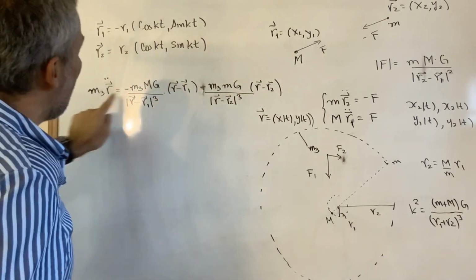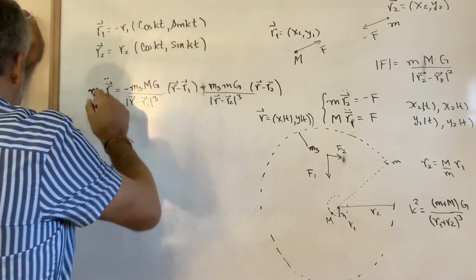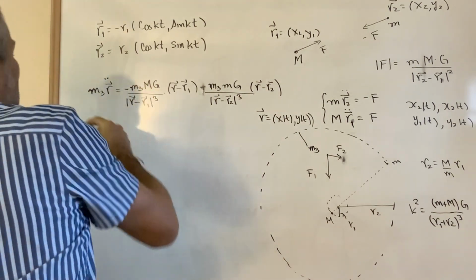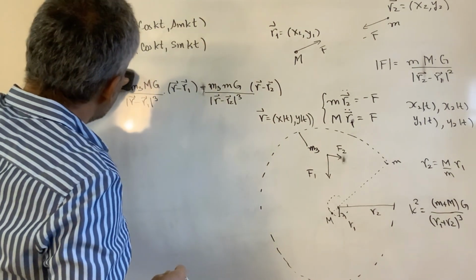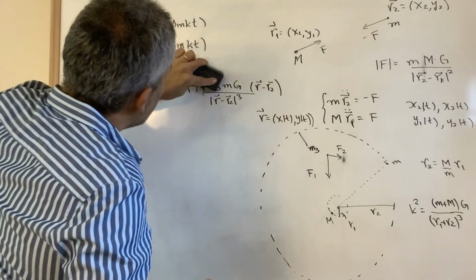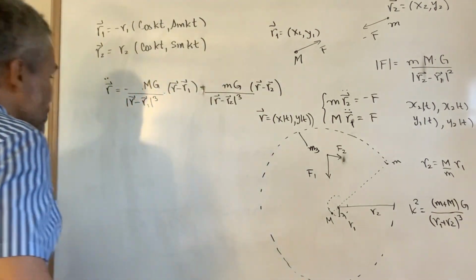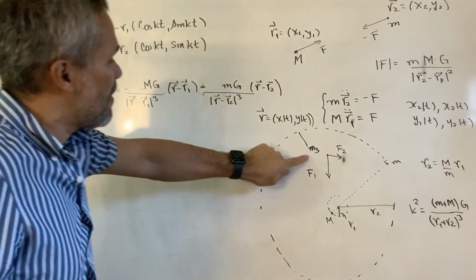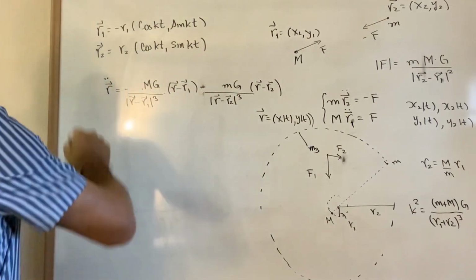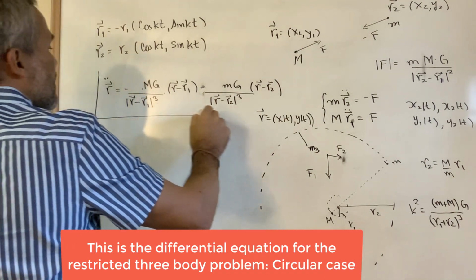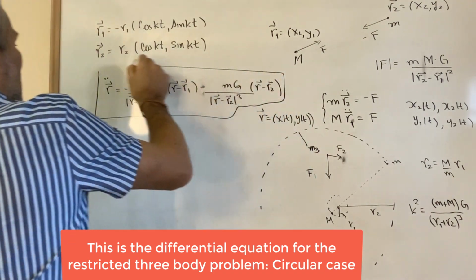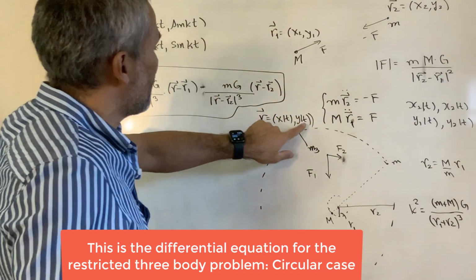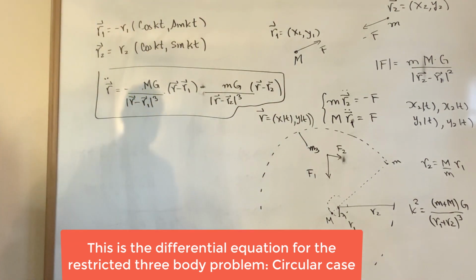One important observation is that you can cancel m3 from this equation. That means that the differential equation that describes this motion is independent of the mass m3. Then we want to solve this differential equation. We are looking for two functions, x of t and y of t, that satisfy this differential equation.